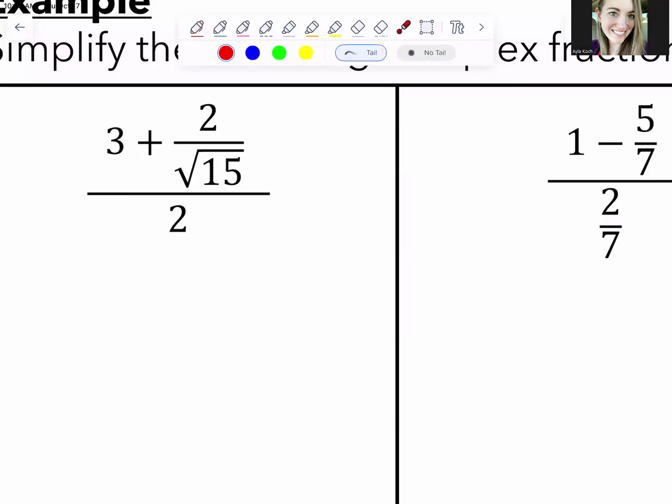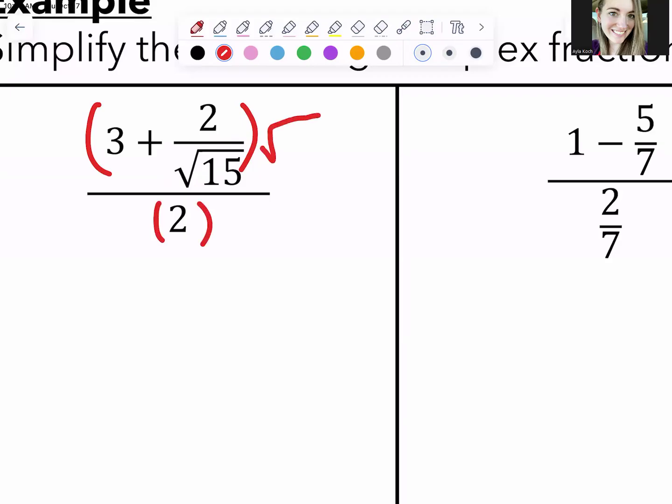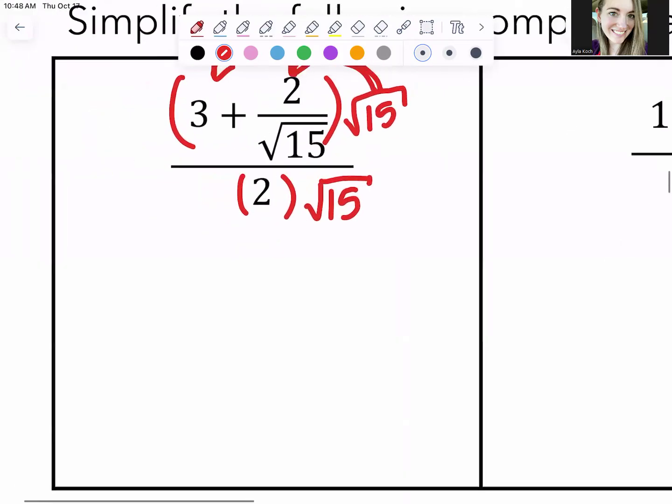When you have a fraction within a fraction, I'm looking for the denominators of the fractions within. So I see a square root of 15 here. I'm going to take the big fraction, the numerator and denominator that I've highlighted, and multiply by that denominator of square root 15. When that happens, this gets distributed.